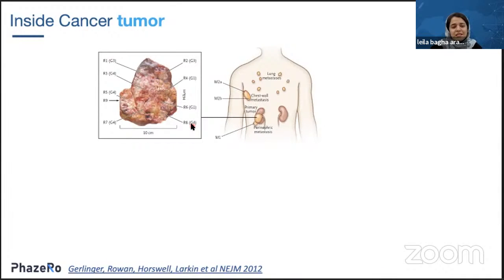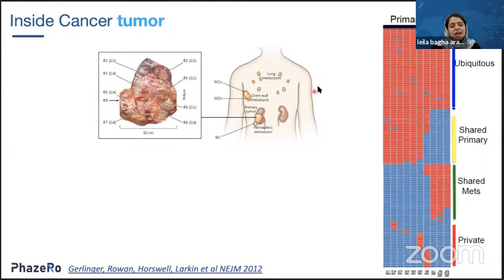The result of this research was so interesting. As you can see here, each of these red boxes shows a mutation, and the blue ones show there is no mutation. I didn't bring the name of each mutation, but you can see in the primary tumor there is some mutation which you can see in all 9 different biopsies.